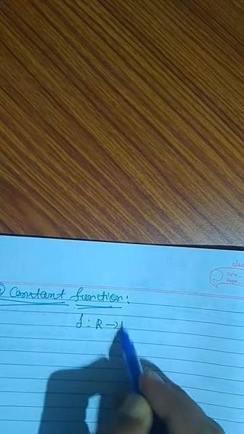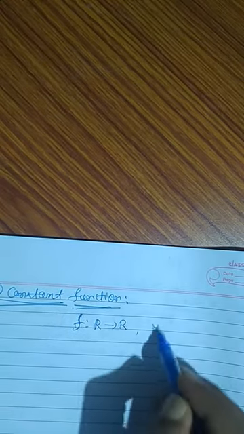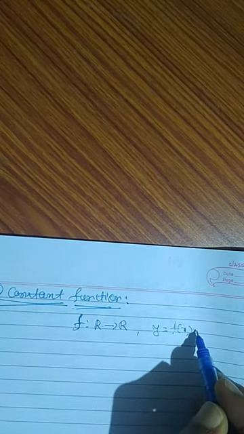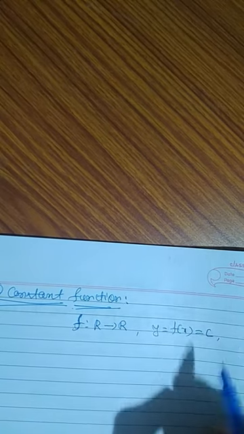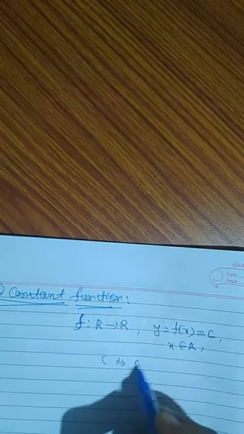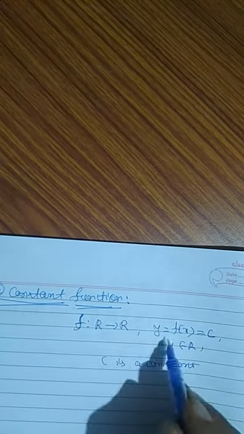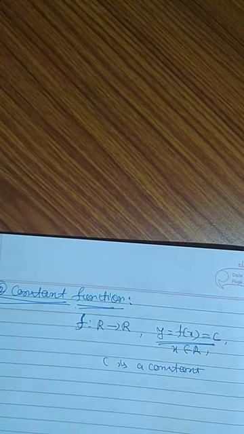You can define the constant function f such that R to R, where y, that is f of x, is a constant c for x belongs to R. And what is c? C is a constant. Then this type of function is called the constant function.